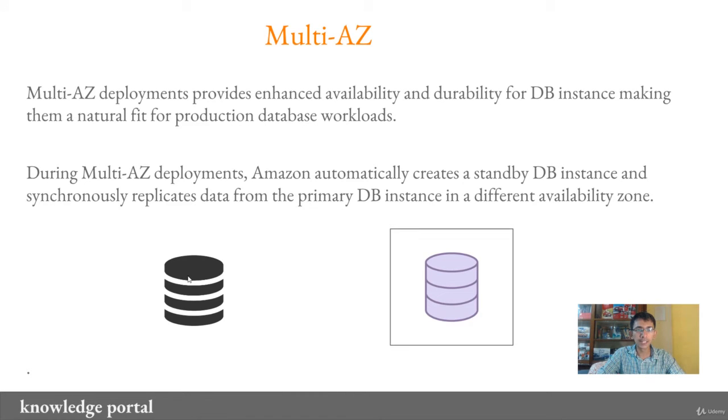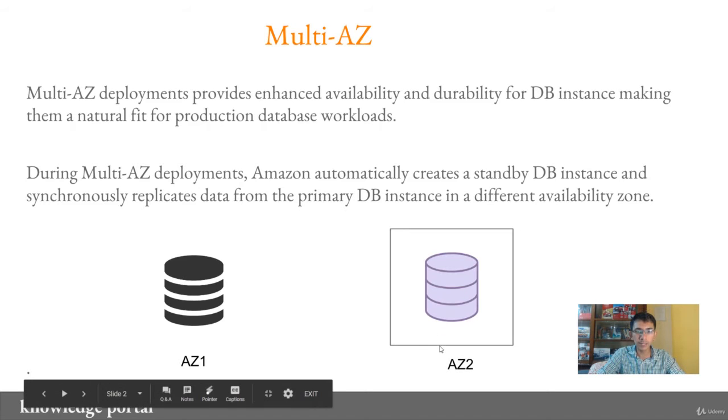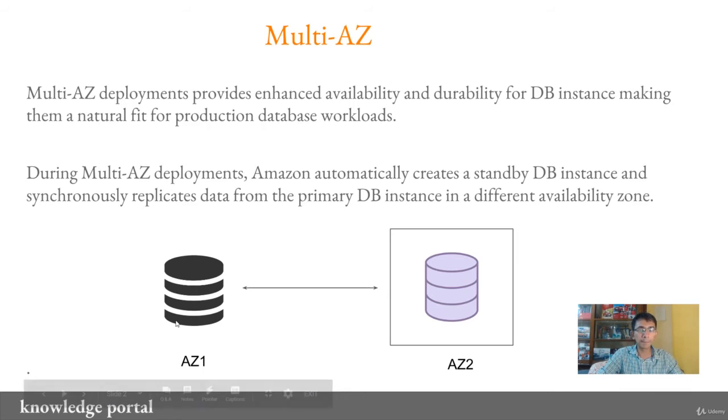Let's assume that the master DB is in availability zone AZ1. There'll also be one more database created in a different availability zone, and there will be synchronous replication happening between AZ1 and the AZ2 database. This is referred to as the primary database and this is referred to as the standby database.